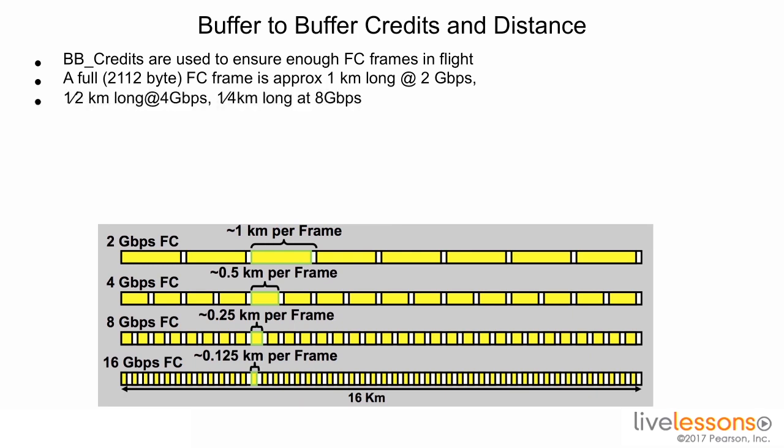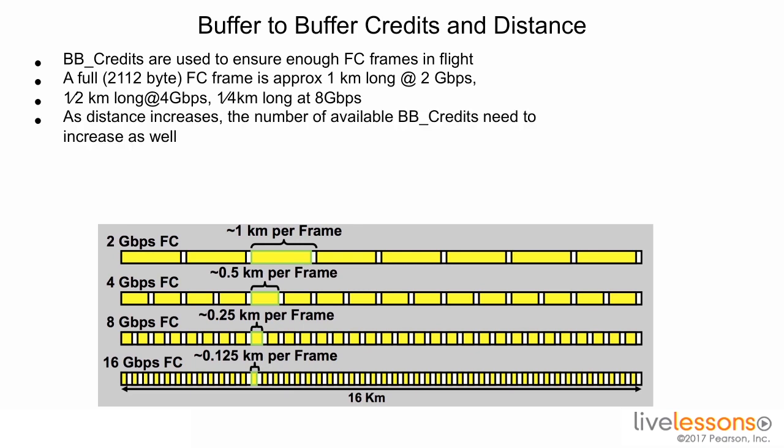For instance, a full fiber channel frame is approximately 1 kilometer long at 2 gigabits per second. It's about 1/2 kilometer long at 4 gigabits per second and 1/4 kilometer long at 8 gigabits per second. So as the distance increases, the number of available buffer-to-buffer credits needs to increase as well.